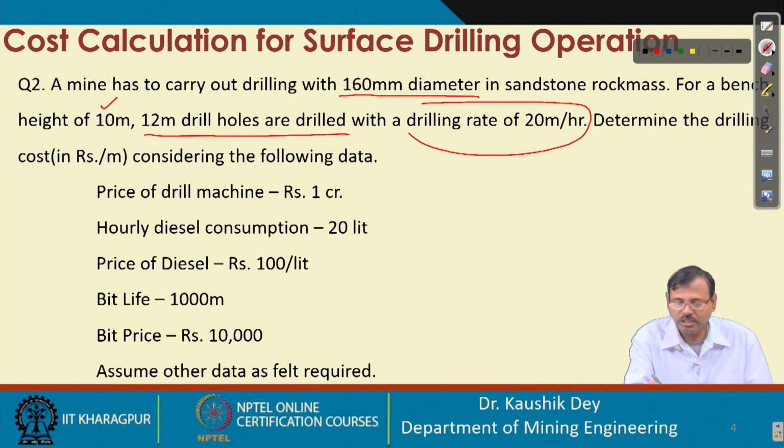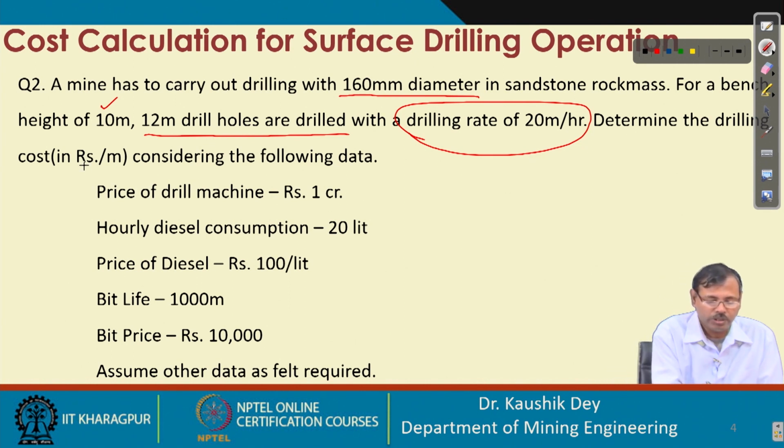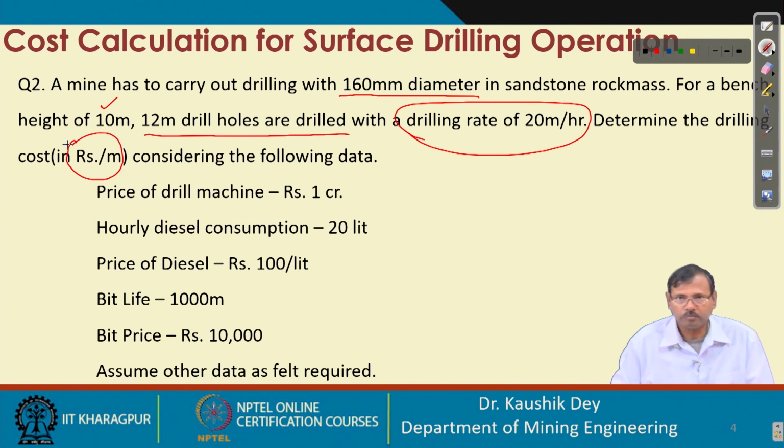You understand that the penetration rate and drilling rate are different, as discussed in the previous lectures. Penetration rate is the speed of the drill bit in the rock, and drilling rate is the overall performance the drill machine gives, which includes setting time, rod changing time, propelling time, all these. The drilling rate is directly given here, 20 meter per hour, and the drilling cost is required to be expressed in rupees per meter.